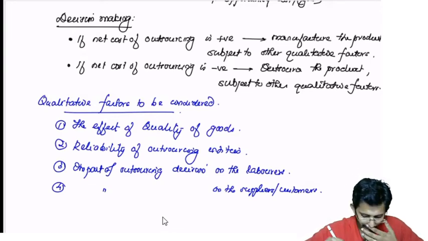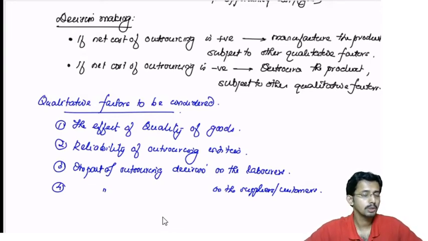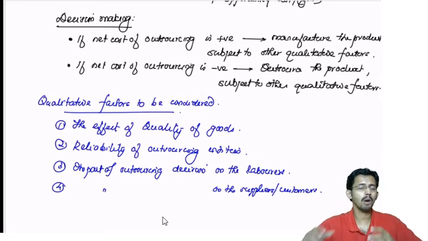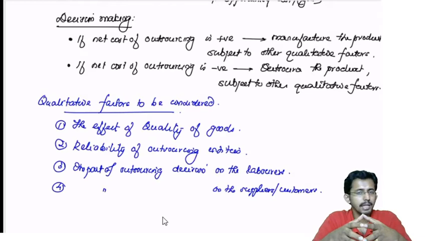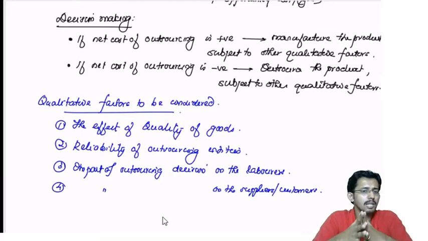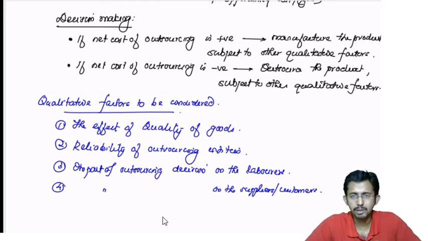Okay. Now third, impact of the outsourcing decision on the laborers. You may have to retrench the laborers because you are outsourcing some activity which initially you were doing on your own. So you had employees working for that activity which is no longer required once you decided to outsource. The impact on the laborers has to be analyzed clearly, and the impact on the customers as well as the suppliers also has to be seen, because customers may expect you to manufacture everything on your own.